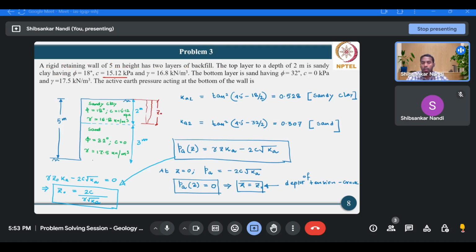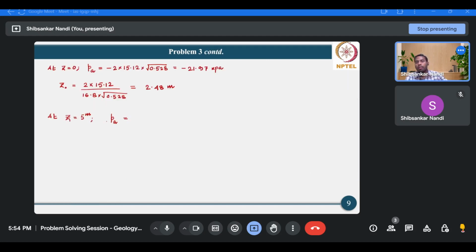The effective overburden pressure would be 16.8 multiplied by the thickness 2 meter, plus 17.5 multiplied by 3 meter. That will give you the effective overburden pressure at the base of the wall. Since there is no water table, the submerged and total unit weights will be the same.